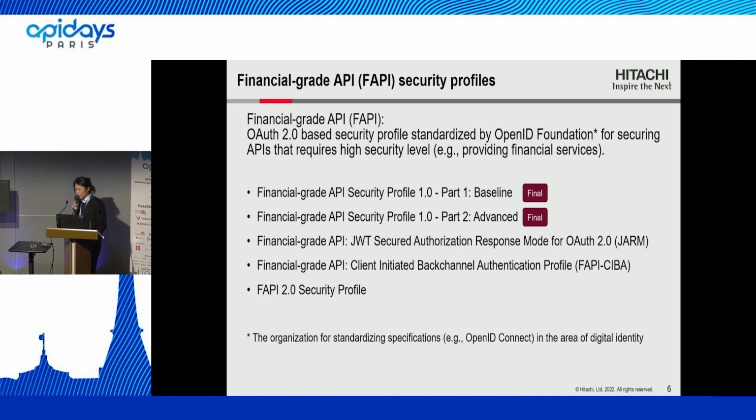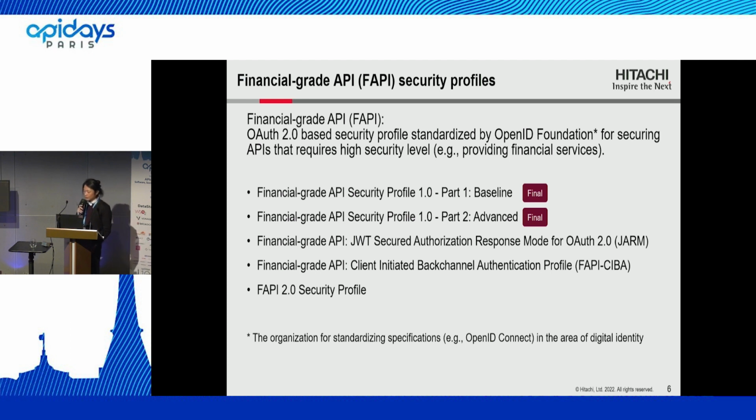There are several kinds of FAPI security profiles. And of the following FAPI security profiles, the first two are very important. FAPI 1.0 Part 1 baseline and Part 2 advanced.